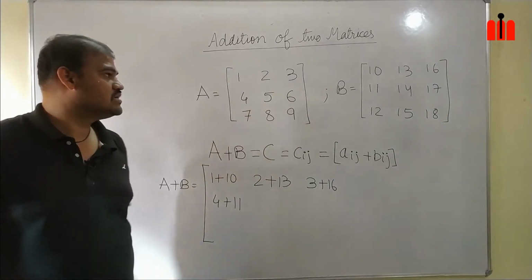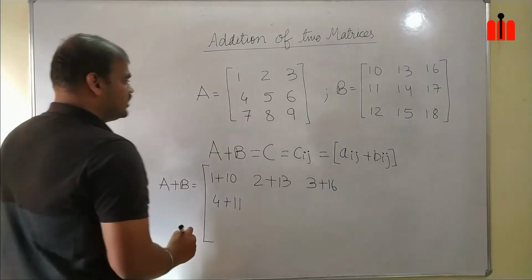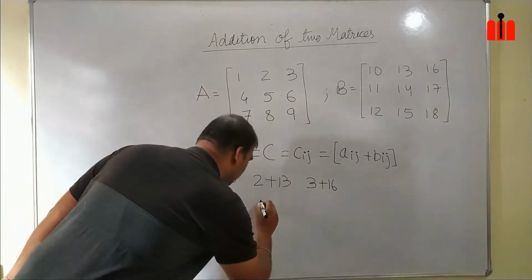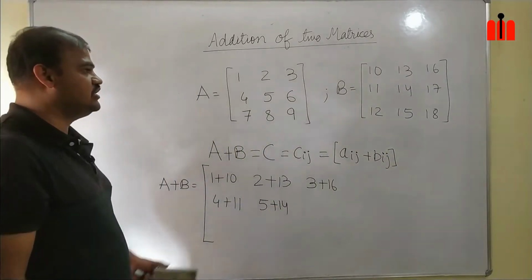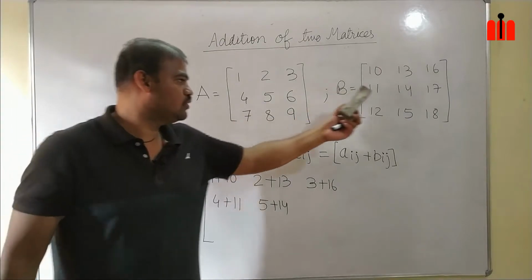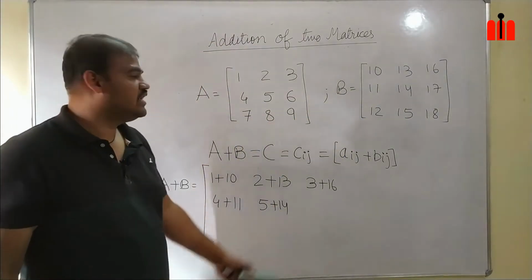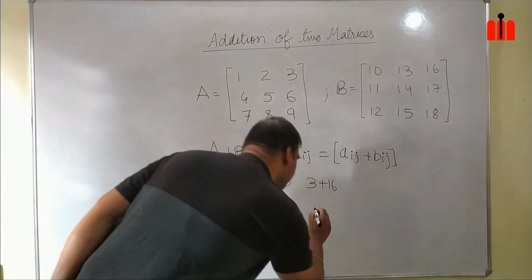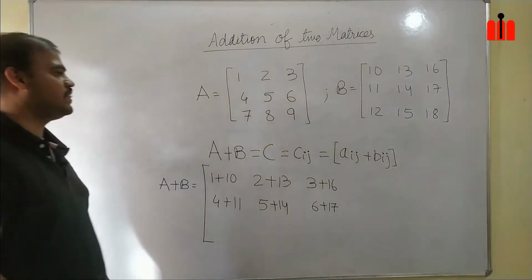What is C22? This is C21. Next C22 will be 5 plus 14. C22 will be A22 plus B22. C23 will be A23 plus B23, which will be 6 plus 17.